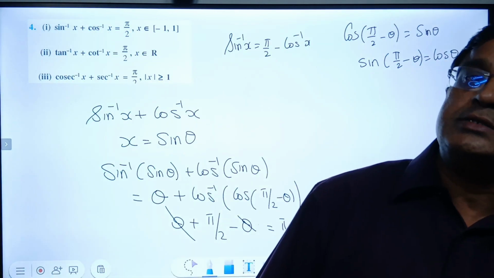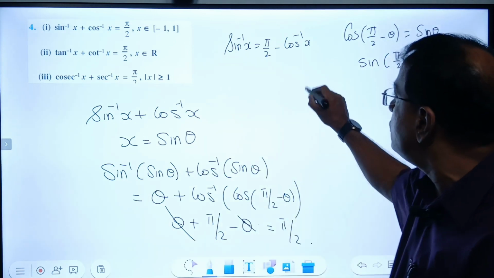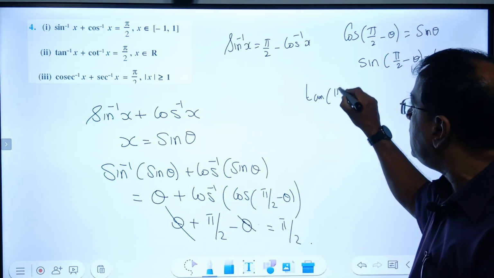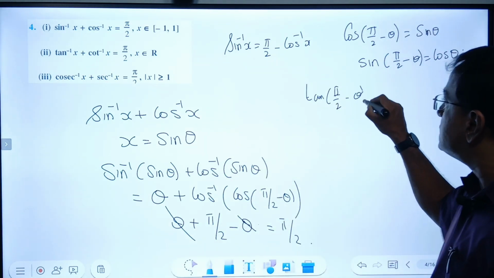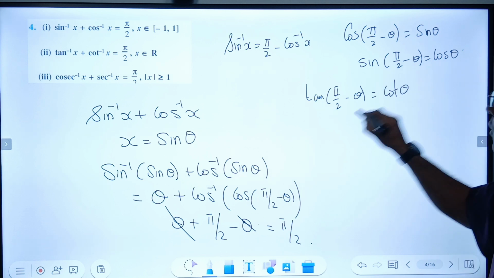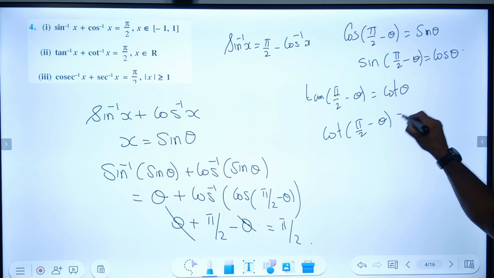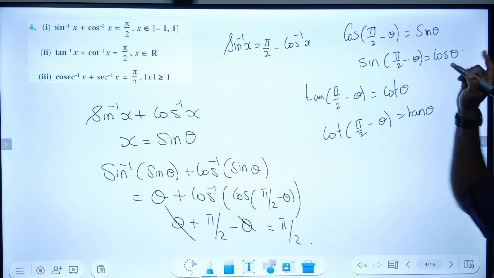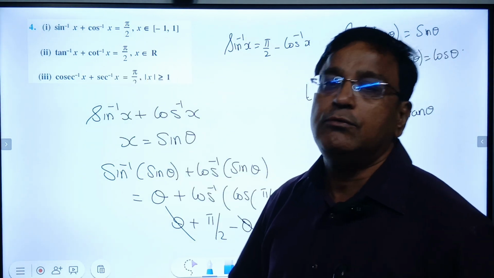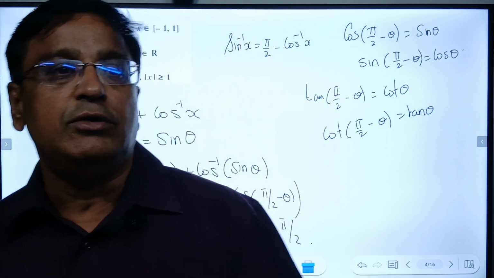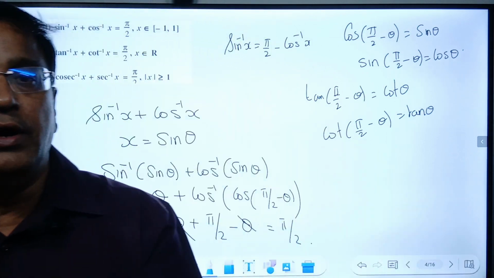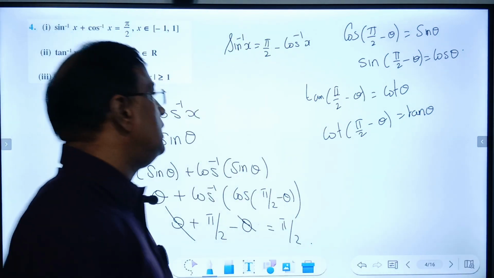Tan inverse of x plus cot inverse of x is 90 degrees, because tan of 90 minus theta is cot theta and cot of 90 minus theta is tan theta. They are complementary to each other. Similarly, it works for secant inverse of x plus cosecant inverse of x is pi by 2. Very, very, very important formula.